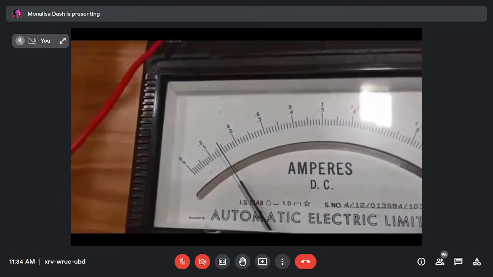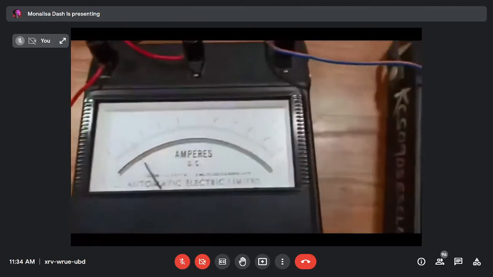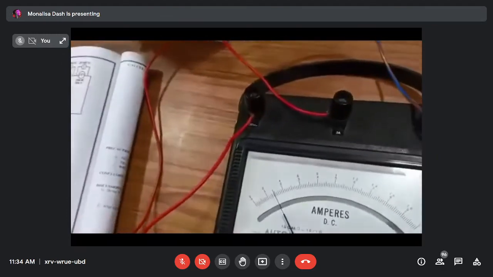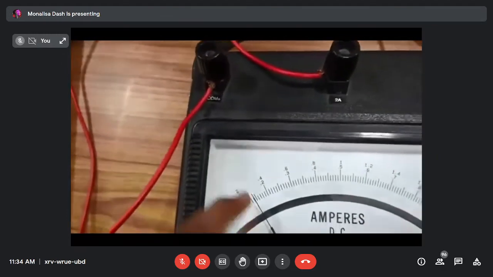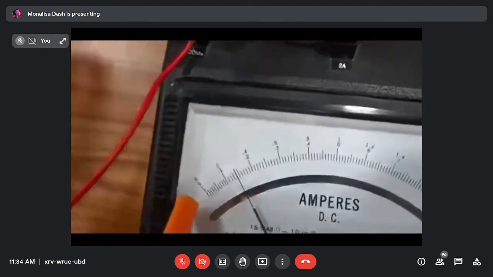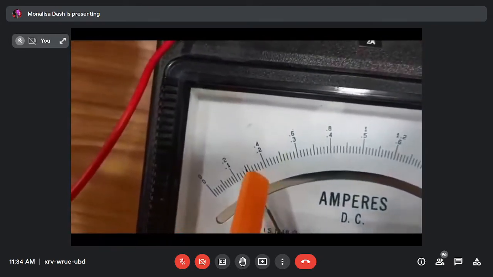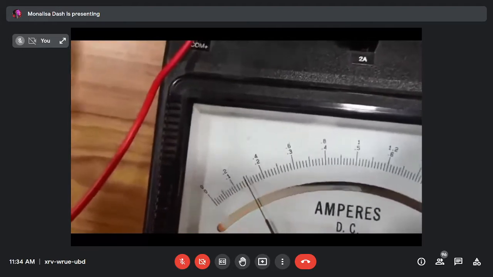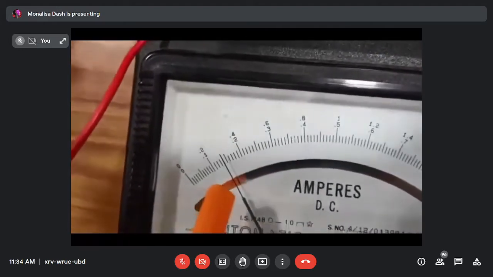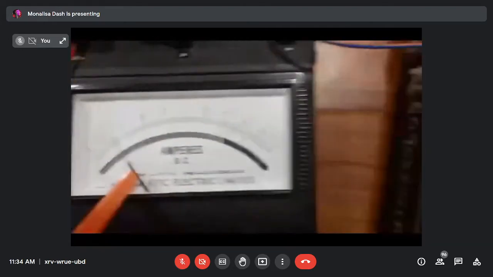Sorry, this one is 0.3 because we vary this and set it at 0.3 ampere. This is the first ammeter.